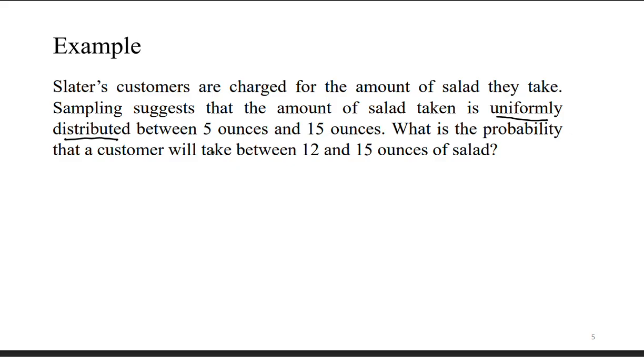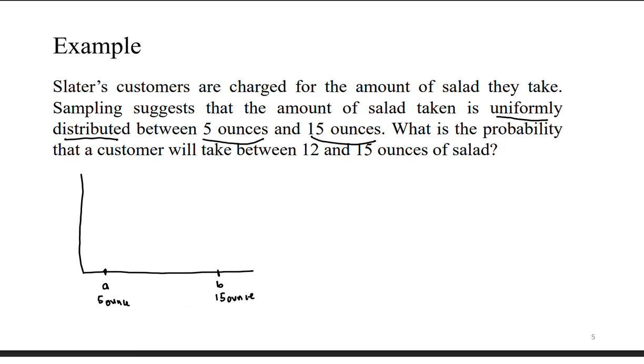Right, so that tells you the kind of distribution we're looking at. It's a uniform probability distribution, which means it looks something like this. It's uniformly distributed between 5 ounces and 15 ounces, which means our distribution starts from an interval of A, which is 5 ounces, to the end of that interval B, which is 15 ounces.